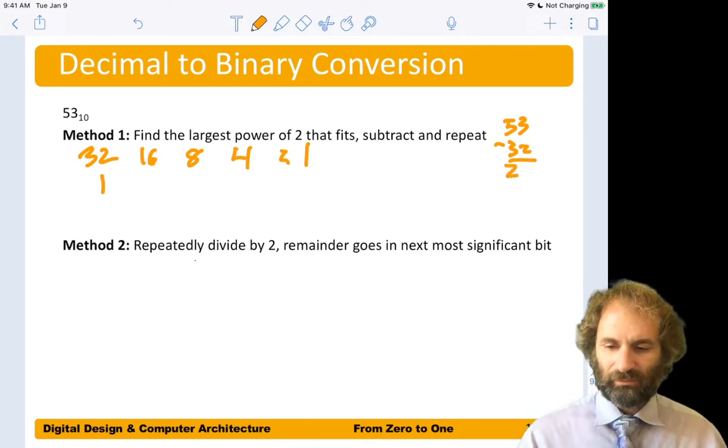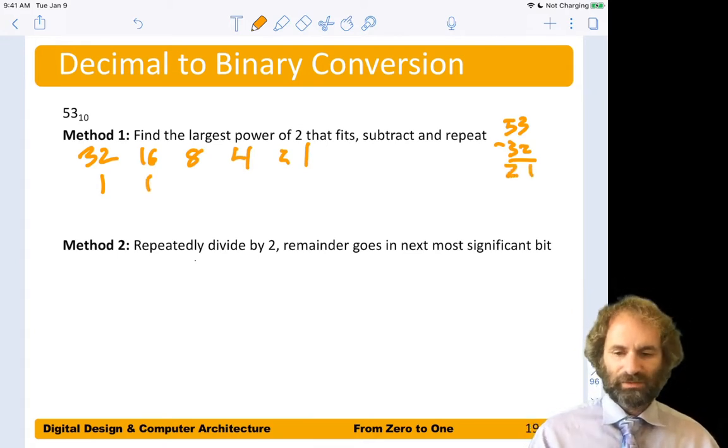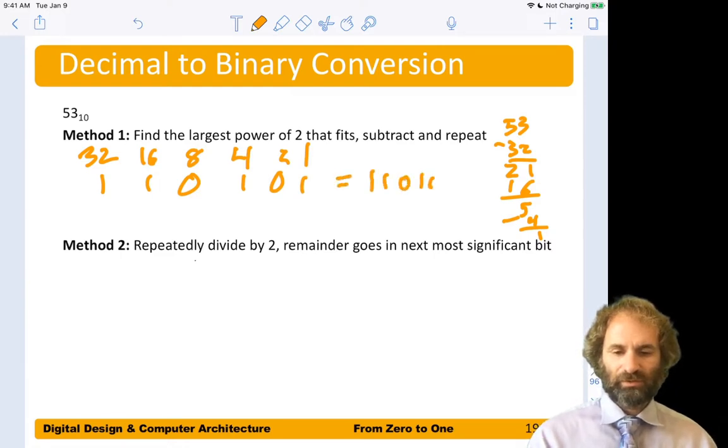Leaving 21. We need a 16. Leaving 5, so we don't need any 8s. We need a 4, leaving 1, so we don't need any 2's, and now we need a 1. So 1, 1, 0, 1, 0, 1.